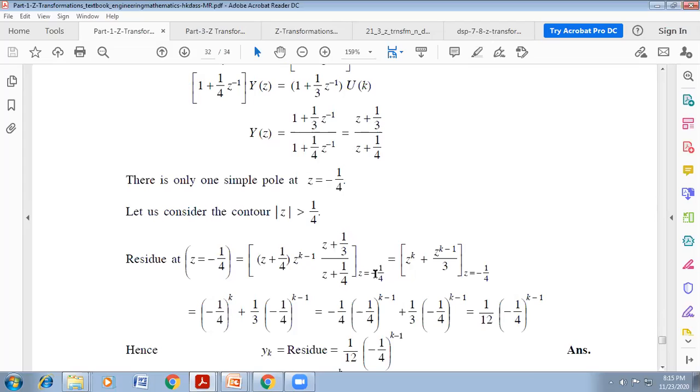Putting z equals minus 1/4 here, we get this result, z to the power k plus this. Just putting z equals minus 1/4 into z plus 1/3, we get this.